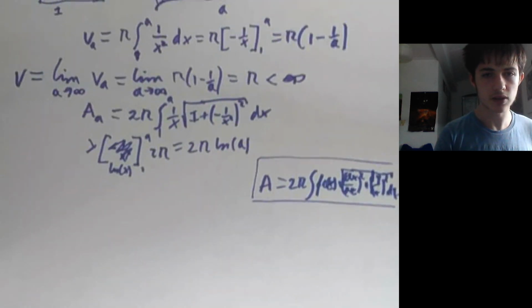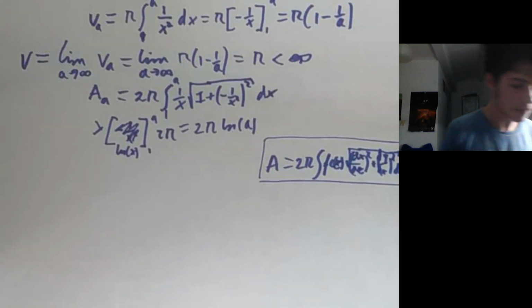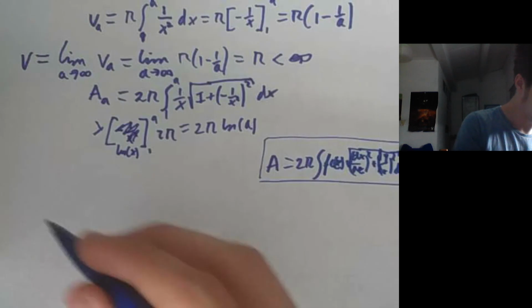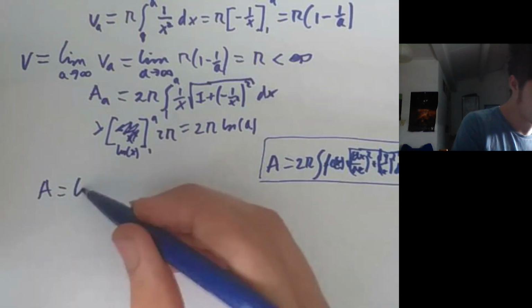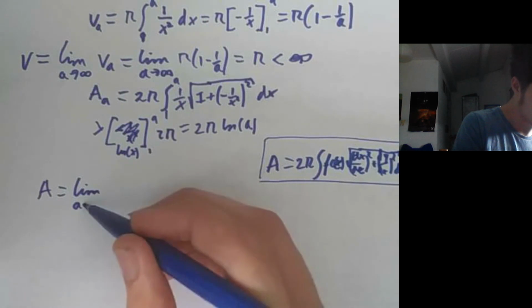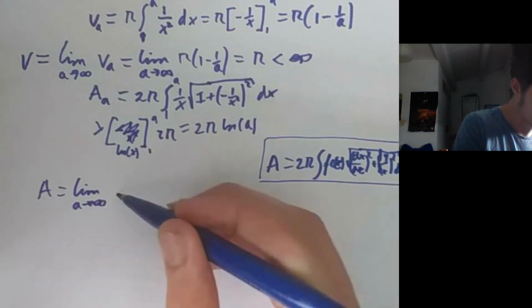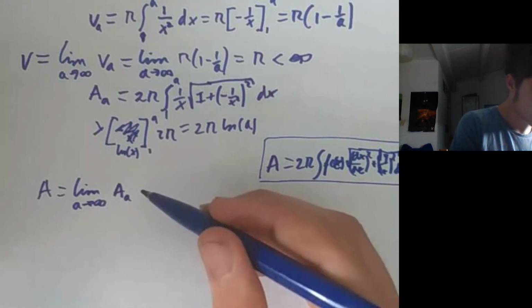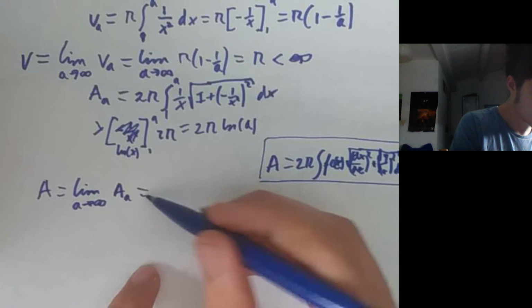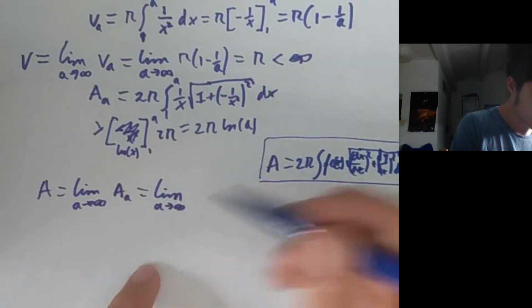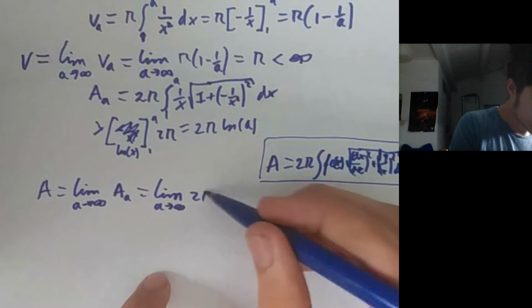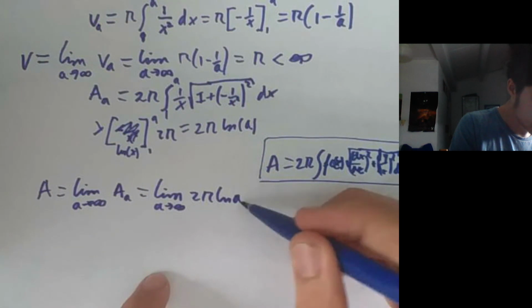Okay, that's quite interesting. Because now we say the area is equal to the limit as a goes toward infinity of the area up to a, which is the limit as a goes to infinity of 2 pi natural log of a.